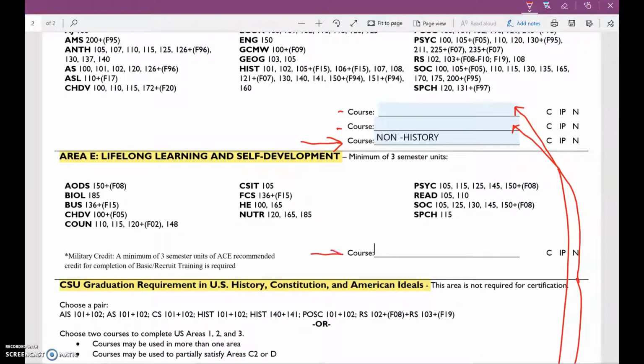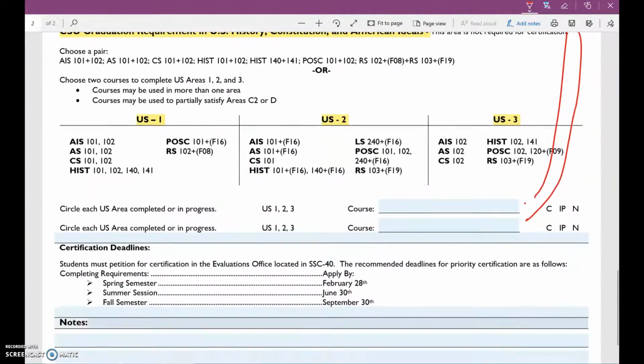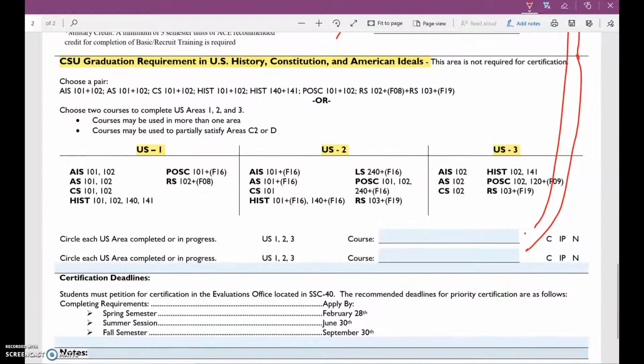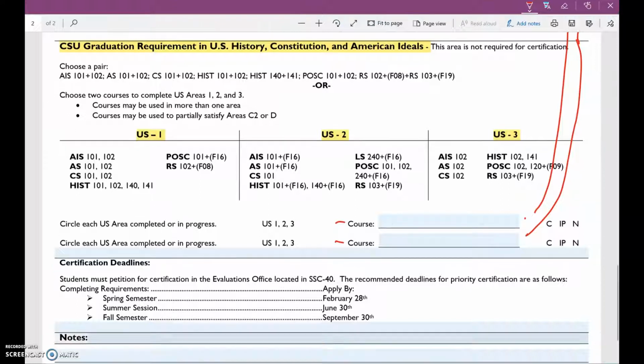For Area E, you've actually got this area covered because you're taking Counseling 110 right now. So I explained the histories in the AA sheet, so it would be the same thing here. You pick 2 history courses that cover all 3 areas. Again, there will always be a history course that covers at least 2 areas.